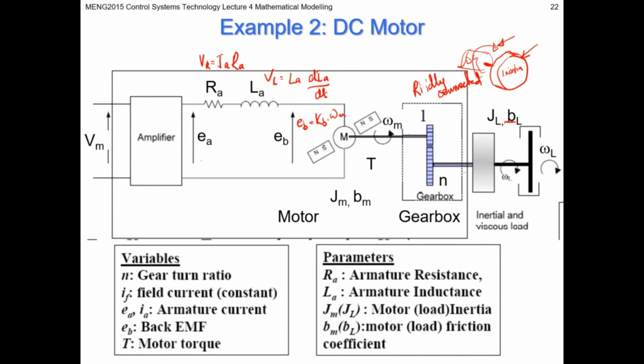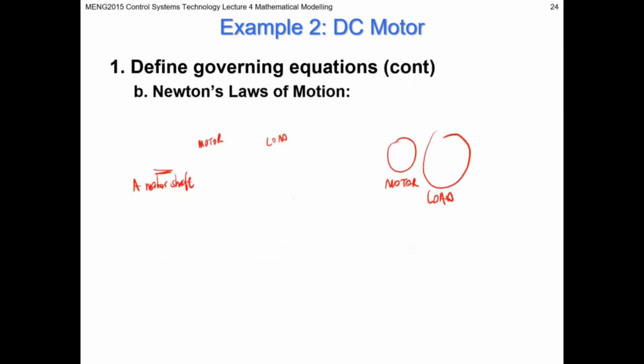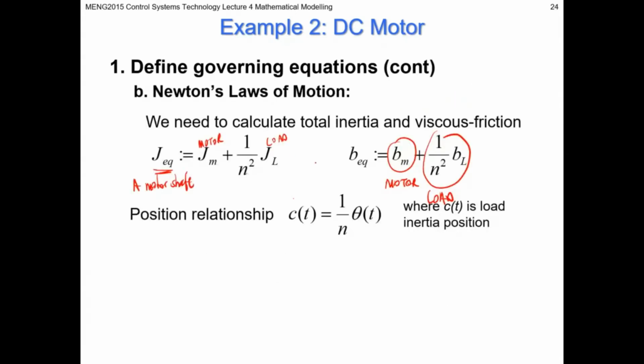So again, the gear ratio has to be taken into account, so you can relate the position of the load to the position of the motor.